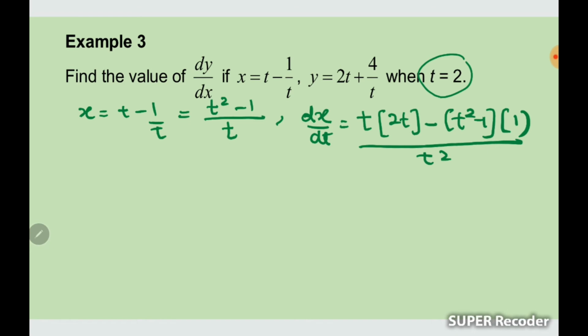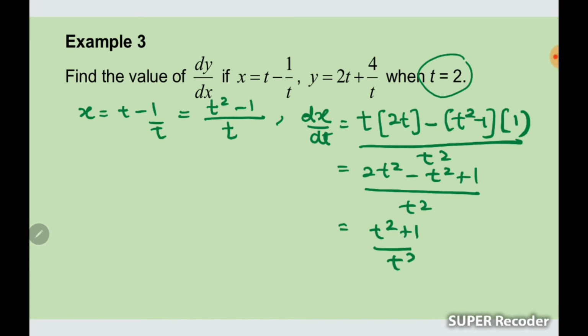Now we simplify to get 2t squared minus t squared plus 1 over t squared. Then simplify to get t squared plus 1 over t squared.